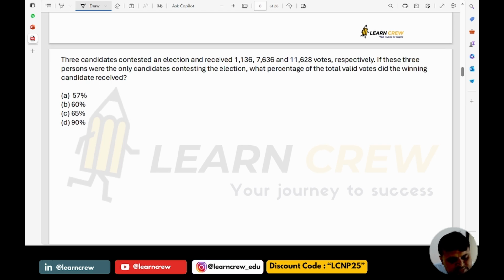three candidates contested an election and received 1136, the second 7636, and the third one 11628. Now the question is, if these persons were the only candidates contesting in the election, what percentage of the total votes did the winning candidate receive?